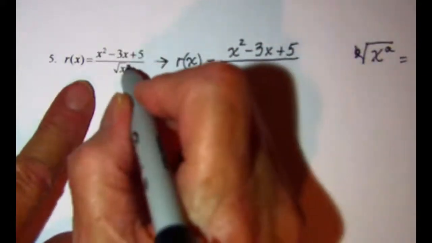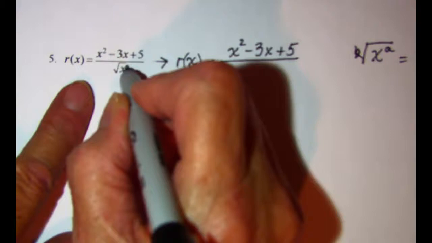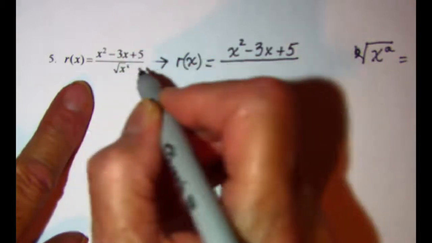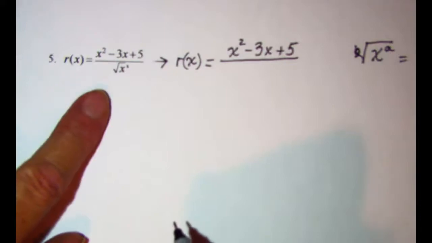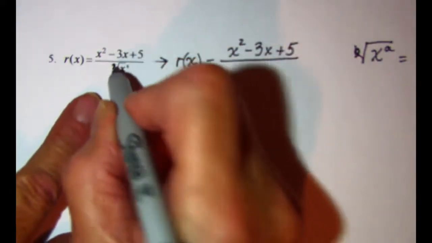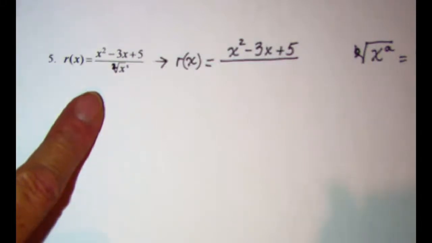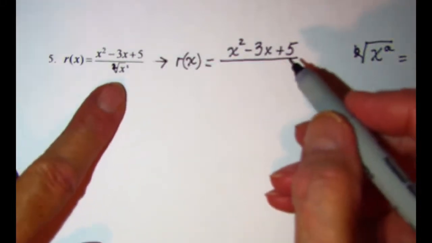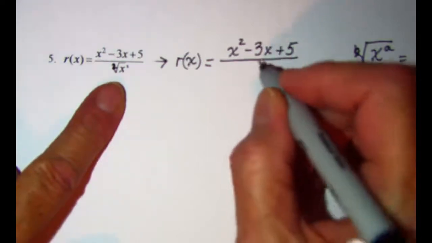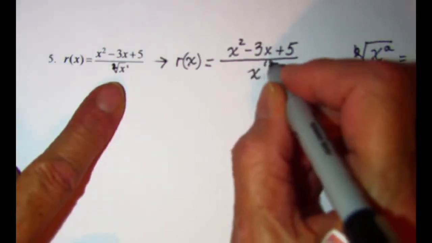My power on my radicand here is 1, since it's not visible. My index on the radical, since it's a square root, is 2. So this square root of x that's in the denominator, I can rewrite as x to the 1/2.